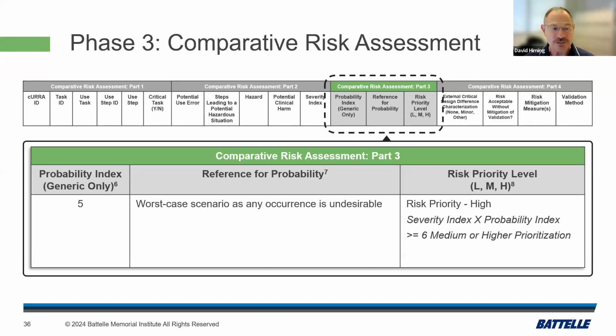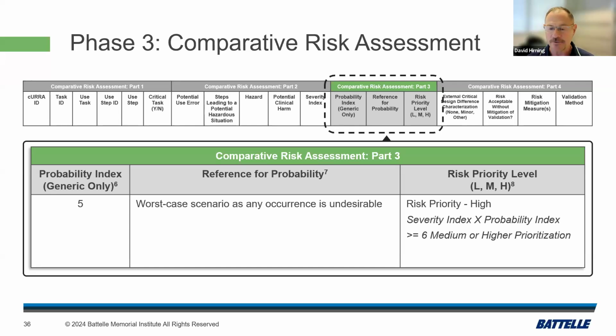So we want to assume a worst case scenario when it comes to probability for this particular piece. Now, when you're done, before you send your comparative risk assessment to the agency, we do recommend you delete these 3 columns. All it will do is complicate your submission, and let's keep it simple and provide the information as required.